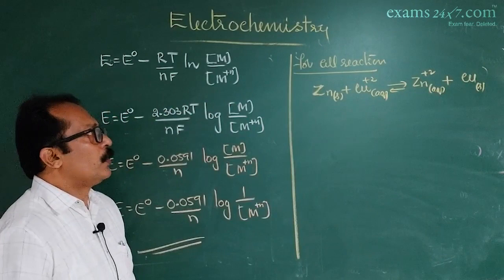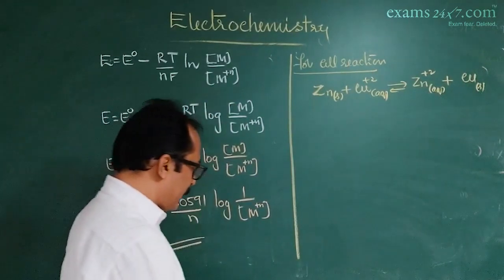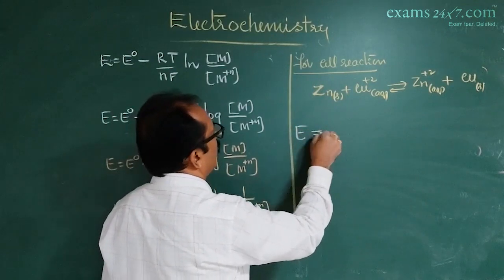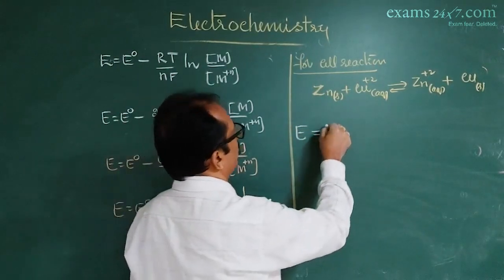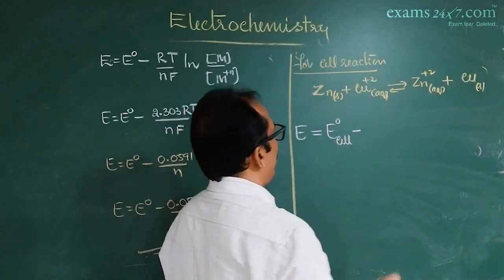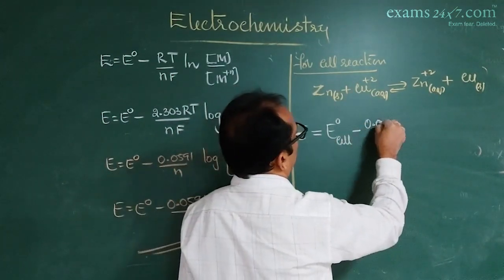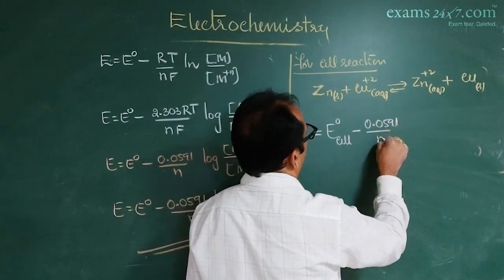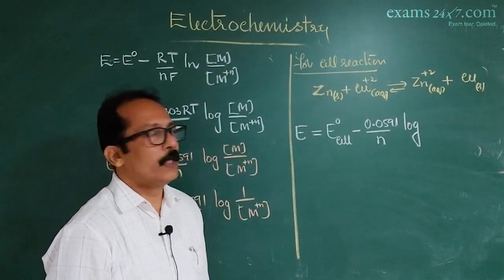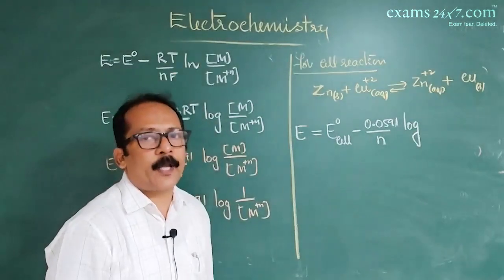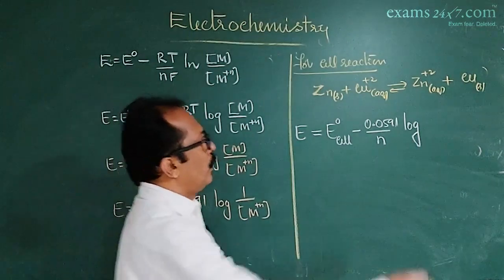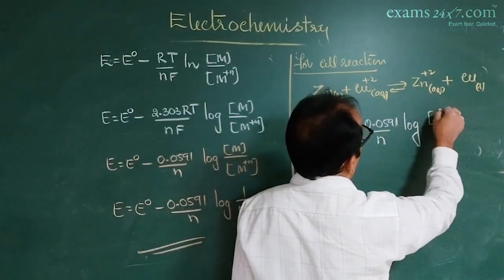Now, using this reaction, we can represent the electrode potential E equals E naught of the cell minus 0.0591 divided by n log of the concentration of the metal ion present on the right hand side of the overall reaction. Which metal ion is present on the right hand side?